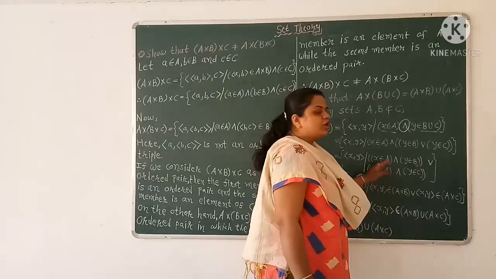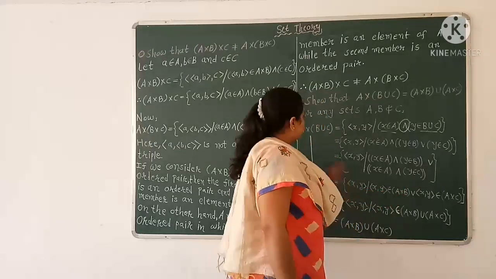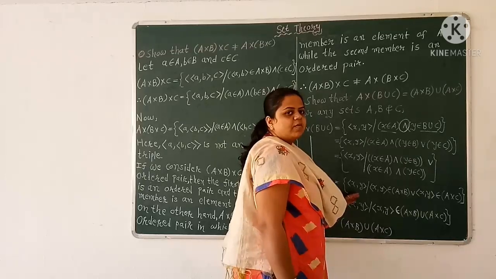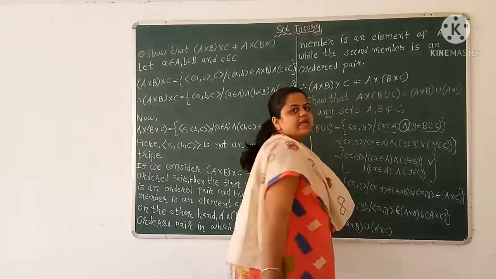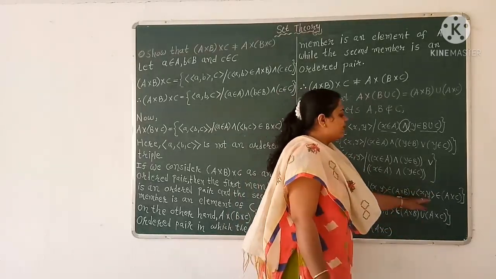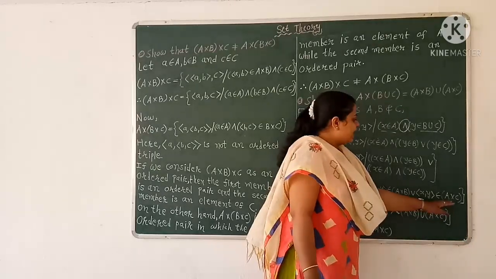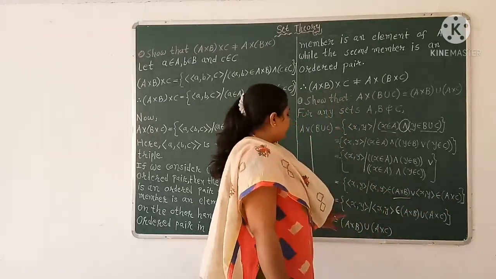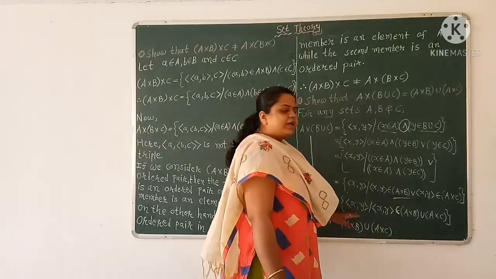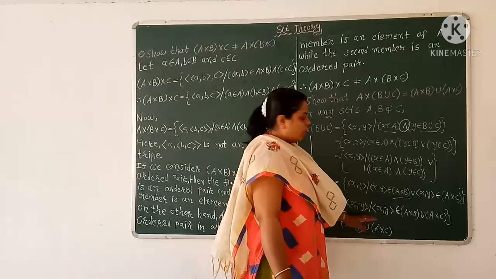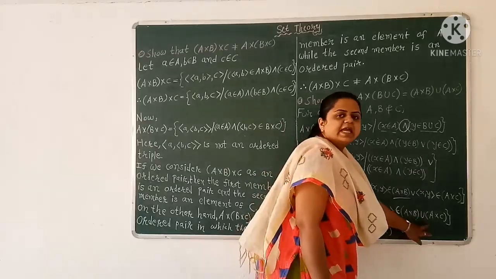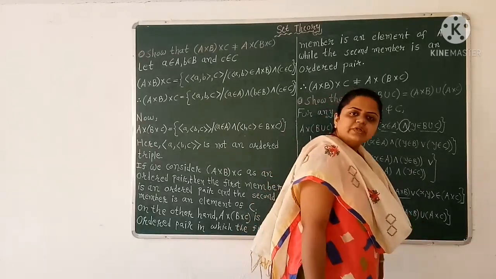So, now by the definition of Cartesian product, we have A × (B ∪ C) is equal to the set of ordered pairs (x, y), where the ordered pair (x, y) belongs to A × B or the ordered pair (x, y) belongs to A × C. So, we have A × (B ∪ C) is equal to the set of ordered pairs (x, y), where (x, y) belongs to (A × B) ∪ (A × C) by the definition of union.